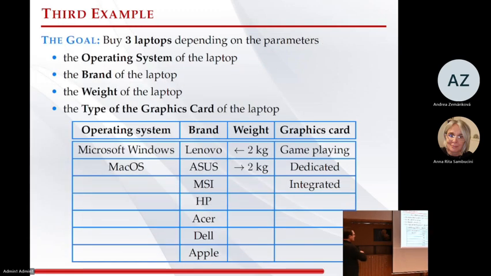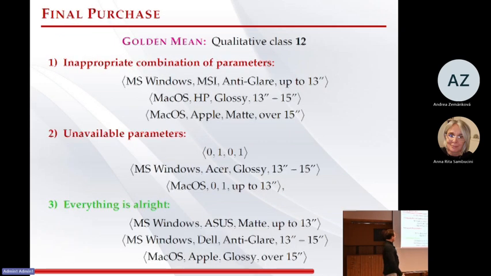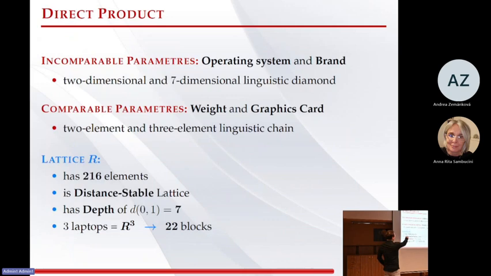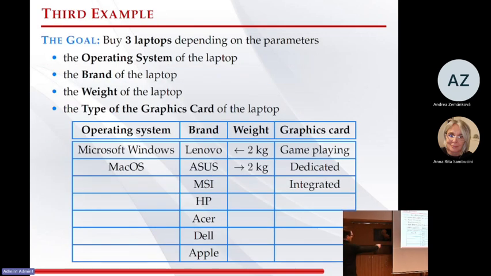Okay, and the last example, again, we mix together. So again, we want to buy three laptops, and we have parameters, operating systems and brand, which are incomparable parameters. That means we have used a two-dimensional and a seven-dimensional diamond. And the other parameters, weight and types of graphic cards, are comparable.